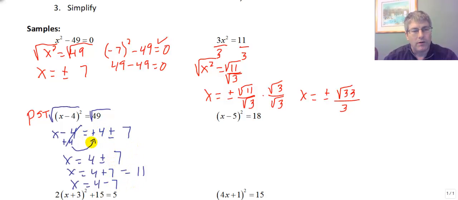So it's important to have that 4, or whatever you add or subtract from the left-hand side, put in front of the plus or minus. And that equals negative 3. So in this particular problem, we have our two answers for x, our two roots. Our two x-intercepts would occur at 11 and negative 3.